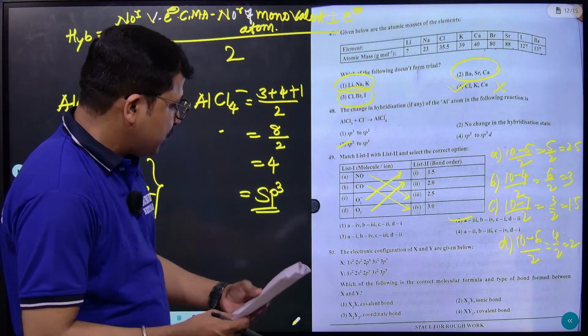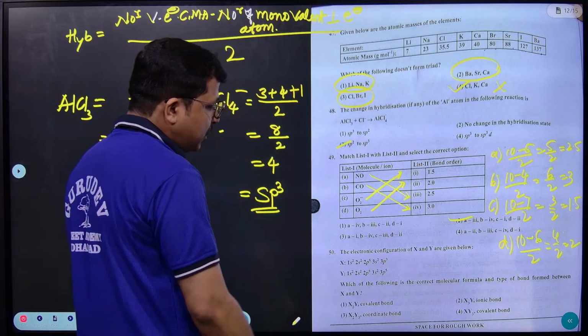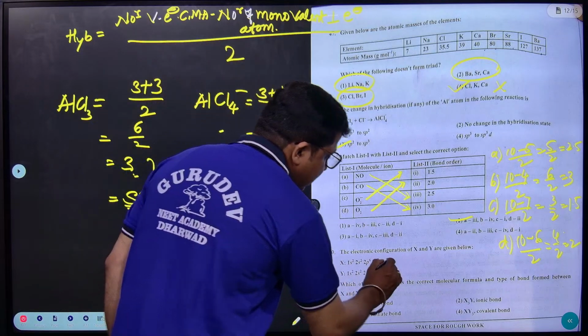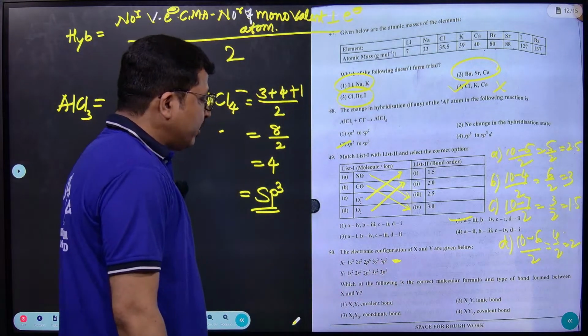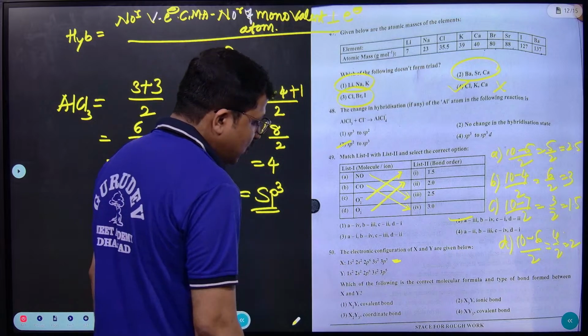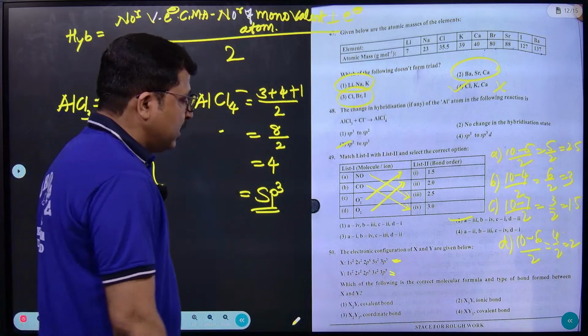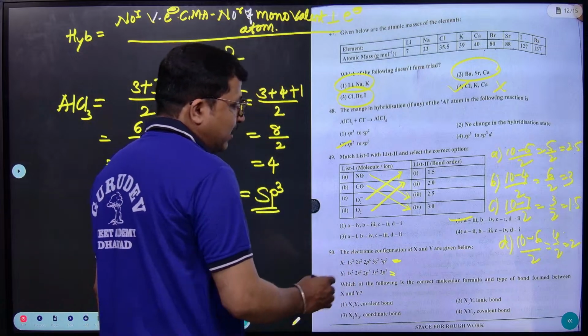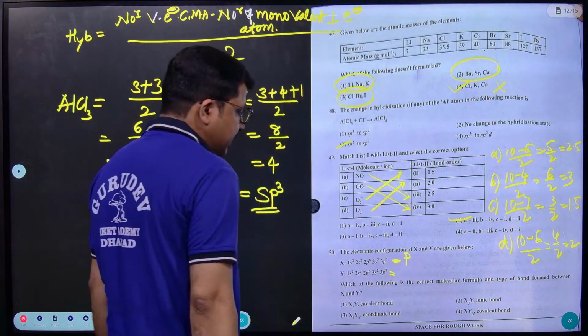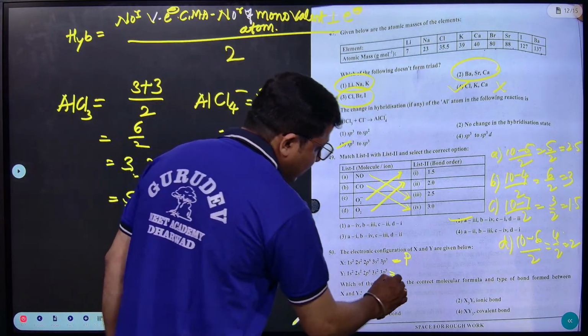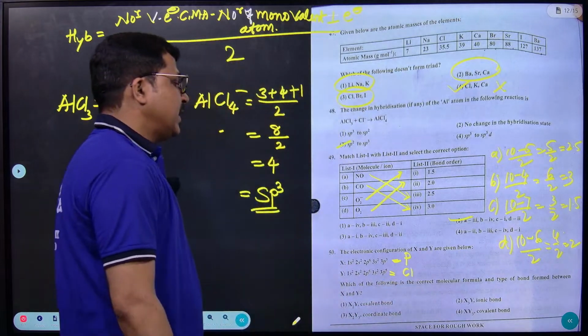And for the 50th question, they have given the electronic configuration of X. X means what? Non-metal, and this is also a non-metal according to the electronic configuration. Atomic number 15 goes to phosphorus, and 17 goes to chlorine.